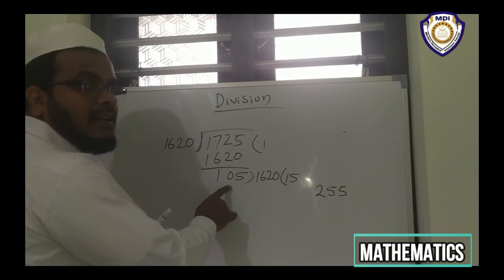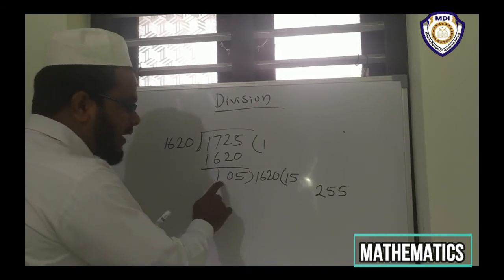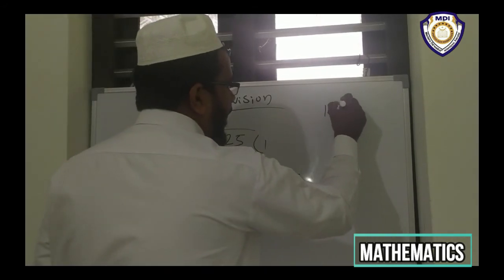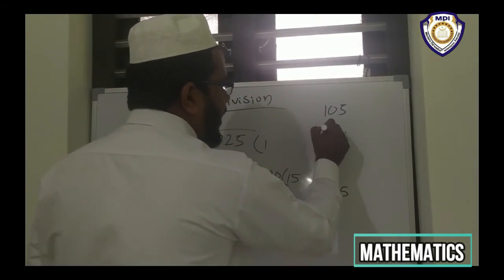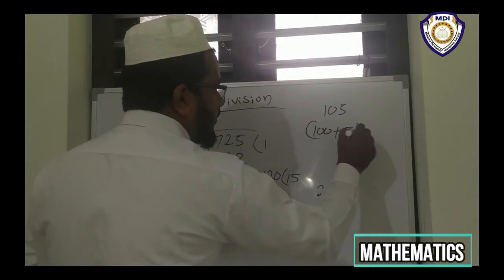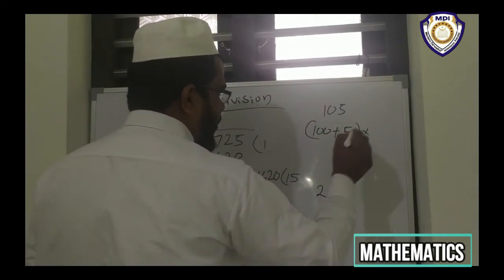We can write 105 like this, then multiply with 15.